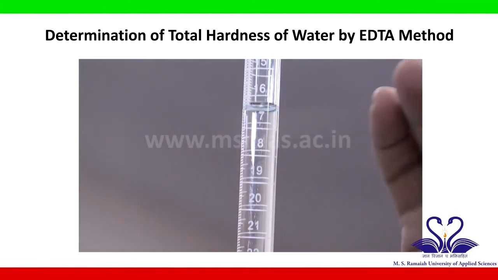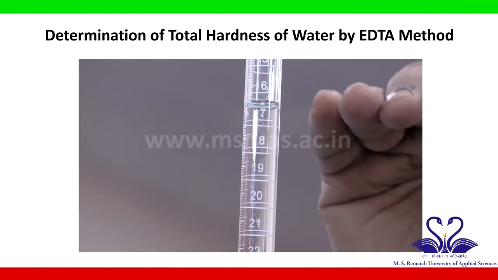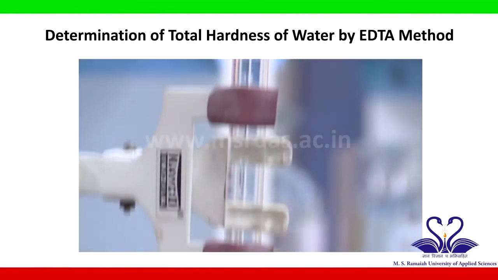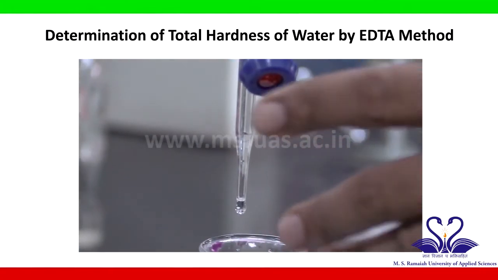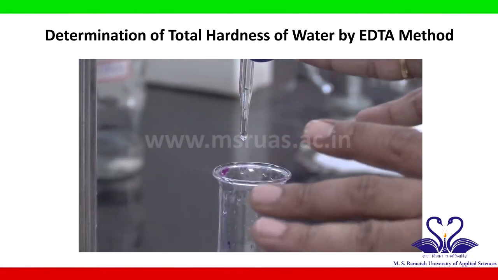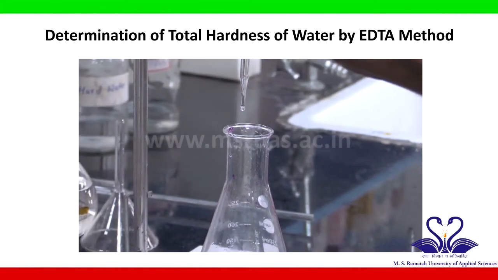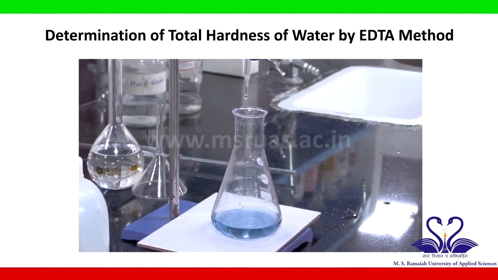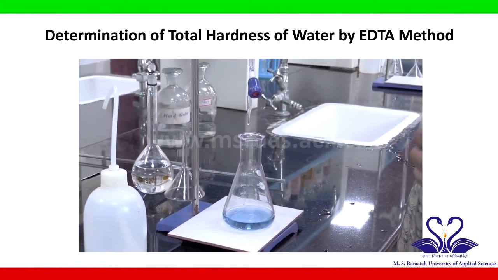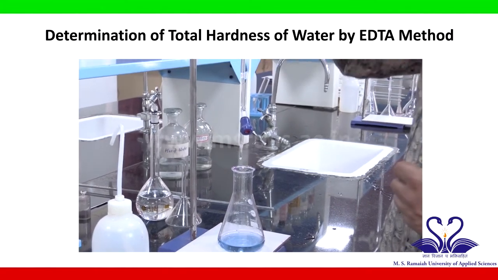While reading it, remove it out, see to the eye mark and then place it back. After this end point, whatever you add, it will be blue color solution only. So whenever it turns wine red to blue, you have to stop the titration and note the amount of EDTA consumed.